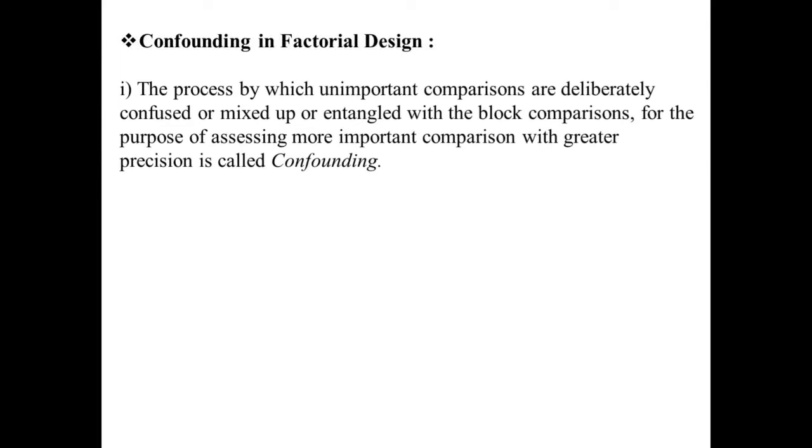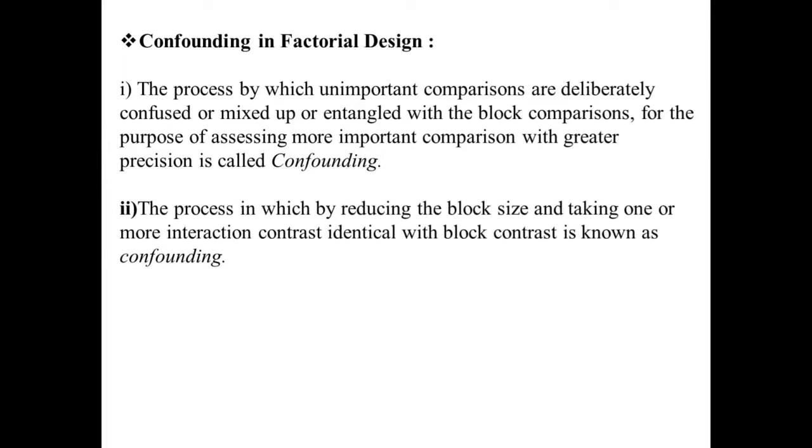The process by which unimportant comparisons are deliberately confused or mixed up or entangled with the block comparisons, for the purpose of assessing more important comparisons with greater precision, is called confounding. This is a little bit difficult definition of confounding.